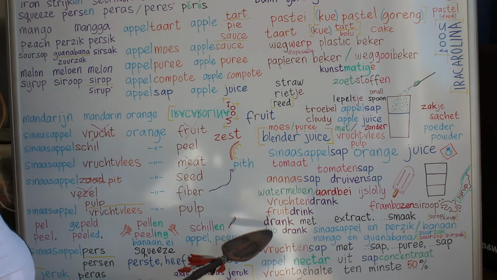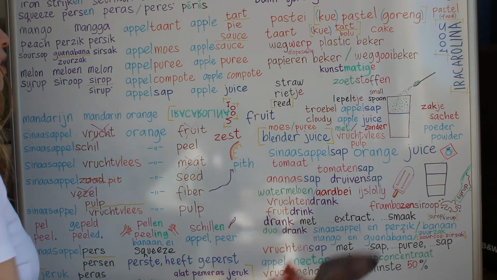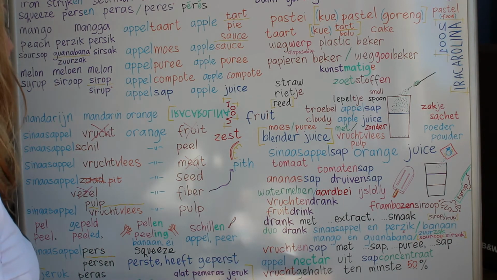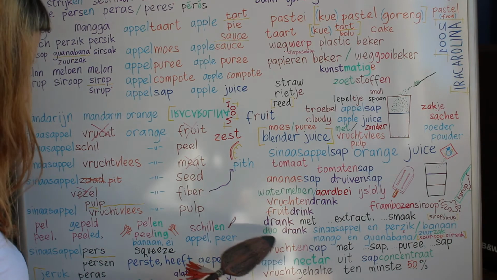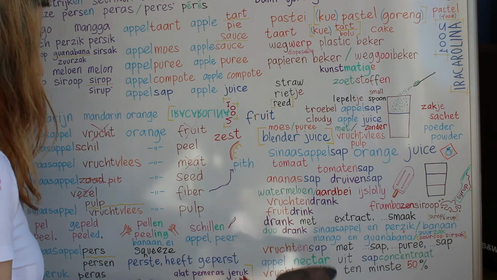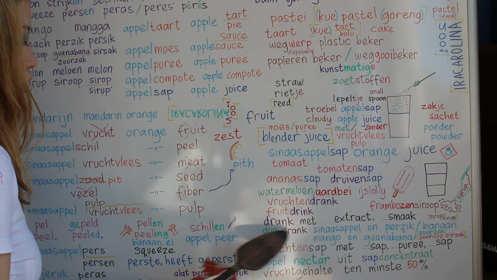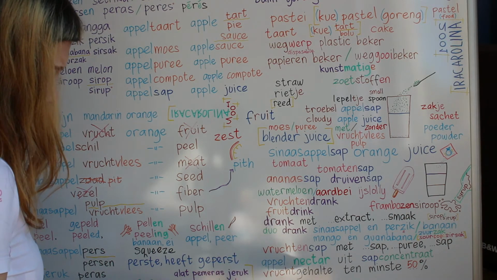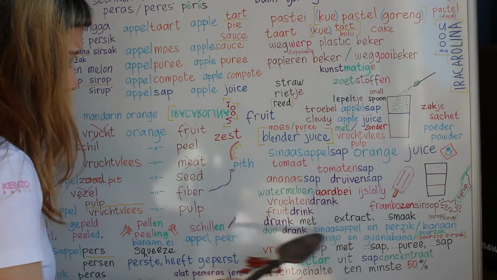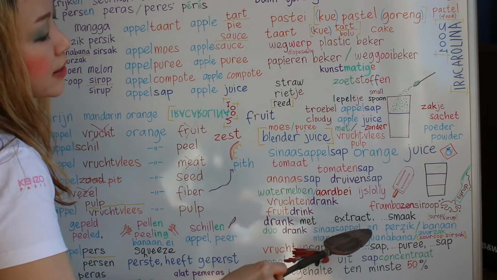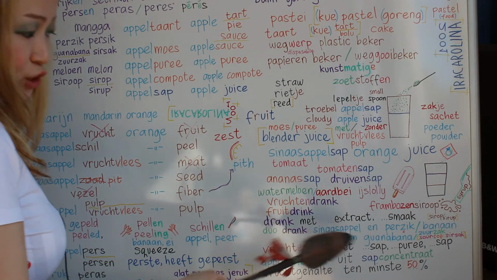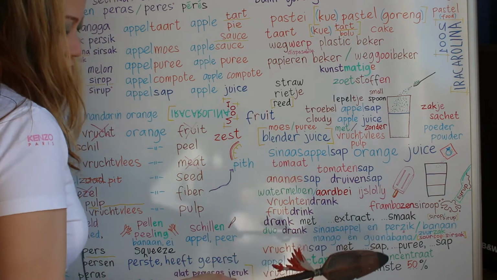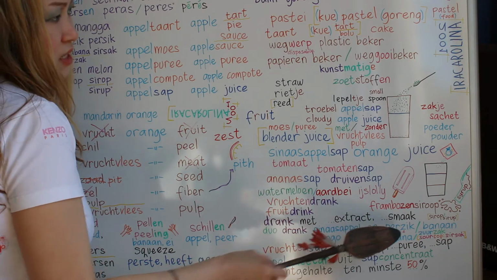Sometimes in Dutch, you can find mixed flavors that I found interesting. Sometimes I try. Duo drank, duo drink. For example, sinaasappel and perzik, orange and peach. Perzik.